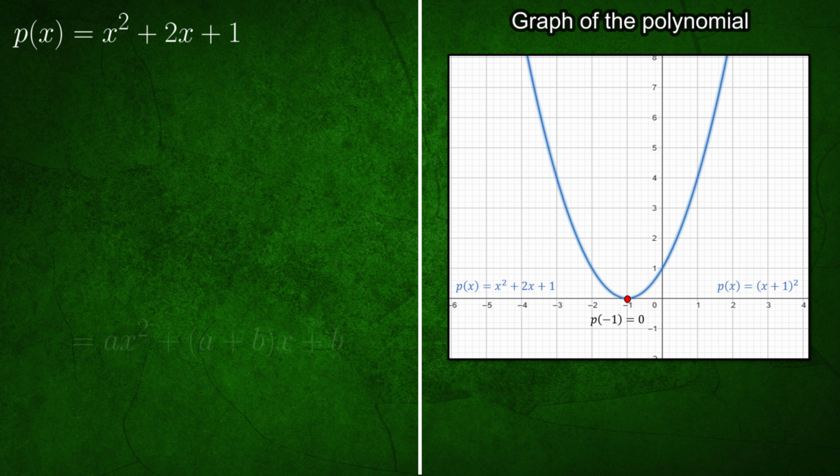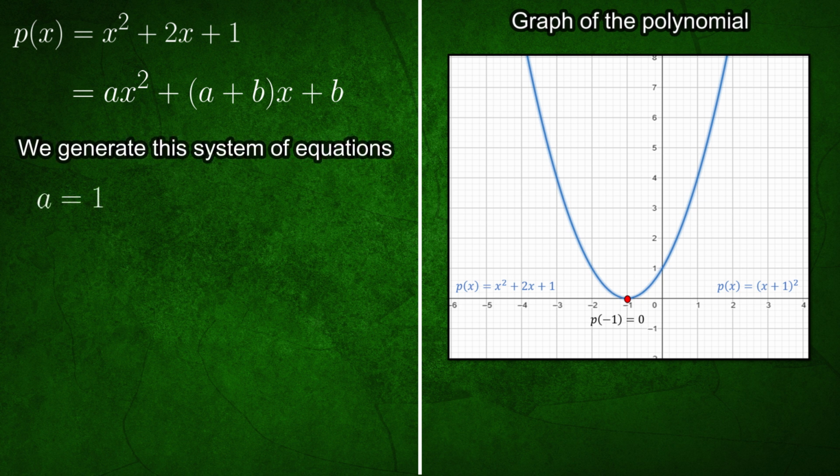We have a polynomial equation, and two polynomials are the same if they're equal in coefficients. So if x squared plus 2x plus 1 is equal to ax squared plus a plus b times x plus b, then a has to be equal 1, a plus b has to be equal 2, and b has to be equal 1.